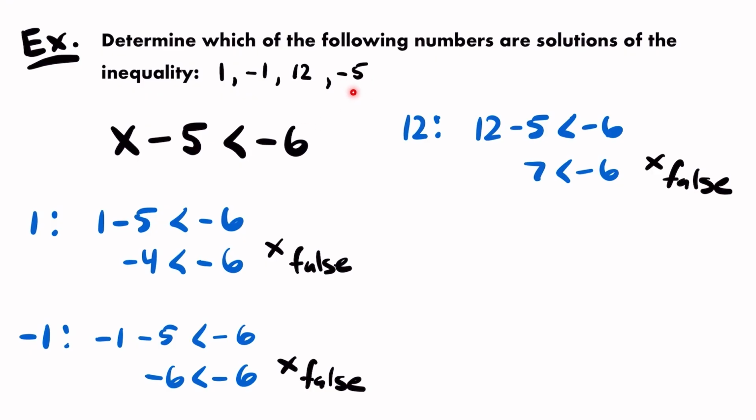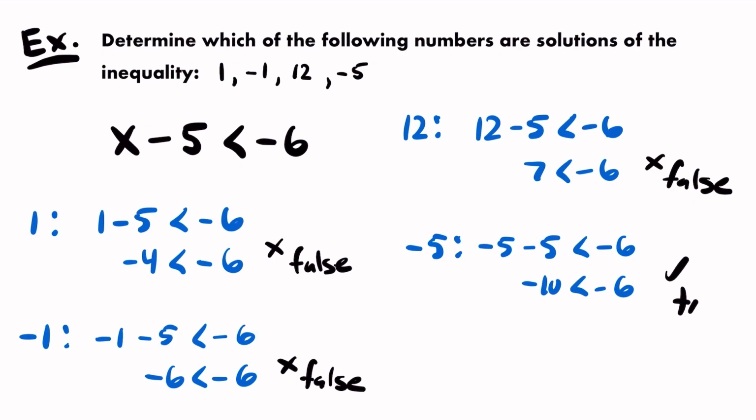And so let's check the last number here. Let's check -5. Let's see if that's a solution of the inequality. If we replace x with -5, we'll have -5 minus 5 is less than -6. And -5 minus 5 is -10. So we get -10 is less than -6. And that is true, right? -10 is a smaller number than -6.